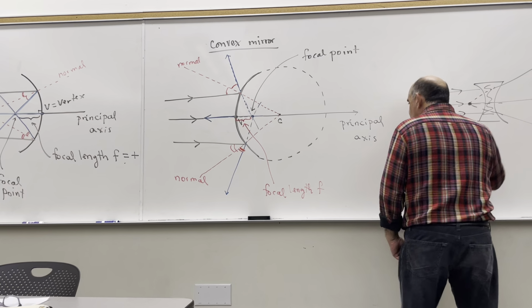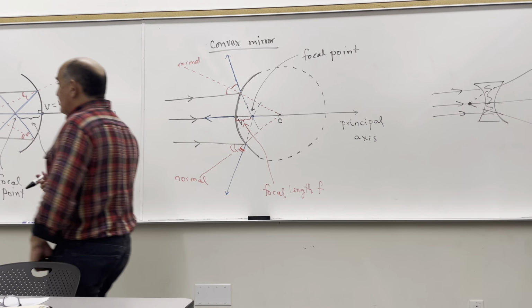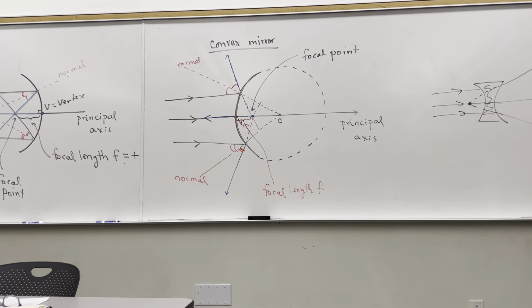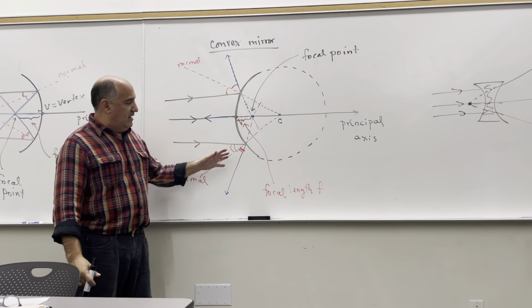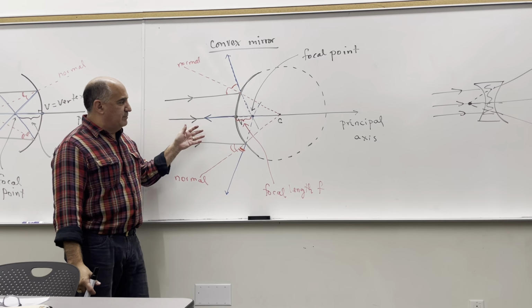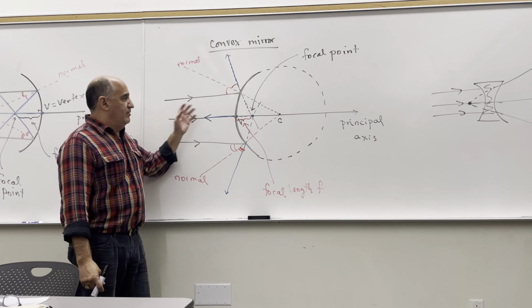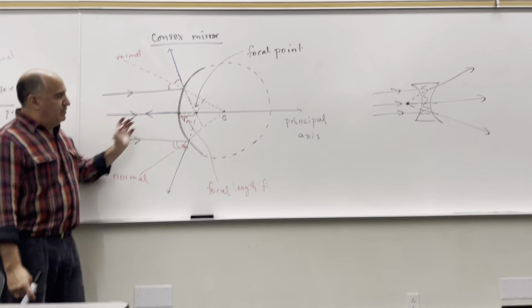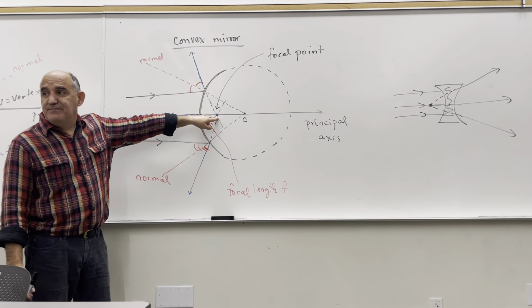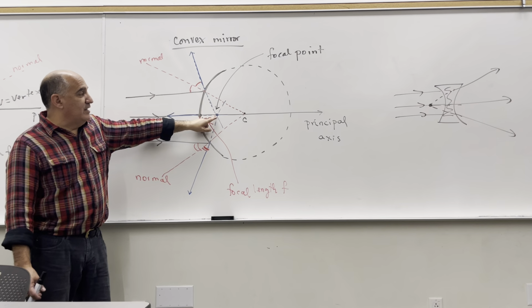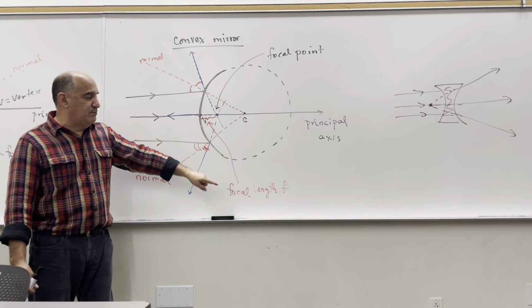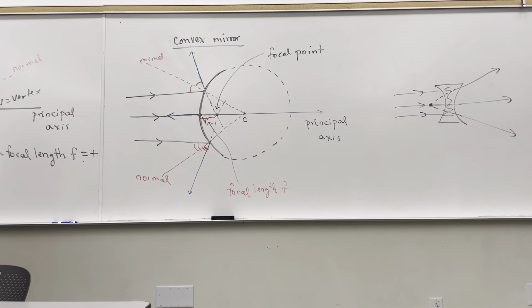And because they seem to come from there and they don't, we said that that was a negative focal length. So in this case, we have the same situation. The light rays coming in parallel to the principal axis reflect from the mirror, they never cross, but they seem to come from that point, but they don't. So that's a focal point, this distance is a focal length, but we think of that as a negative focal length.